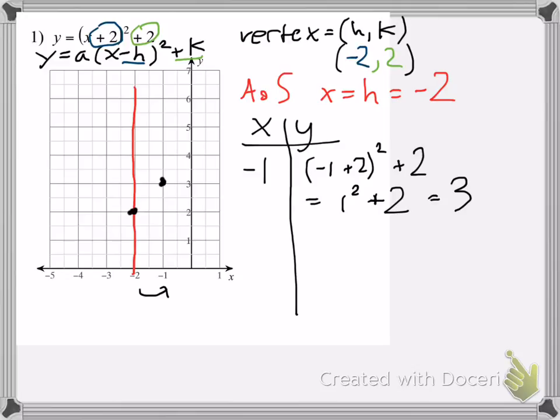I'm going to do one more point on the right side of the axis of symmetry, and then I can just use the fact that it's symmetrical to put in the point on the other side.